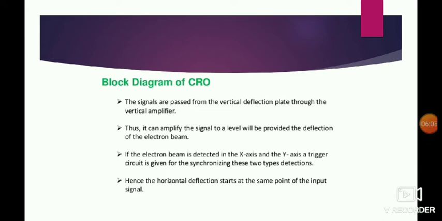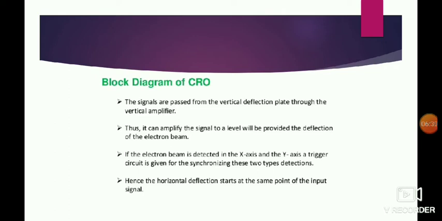The signal passes from the vertical deflection plate through the vertical amplifier. Thus, it can amplify the signal to a level that provides the deflection of the electron beam.